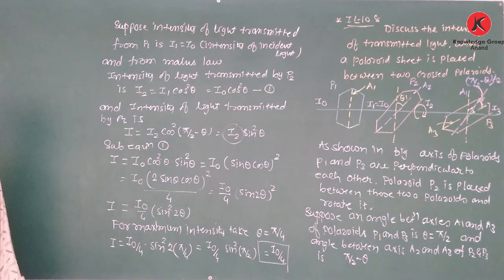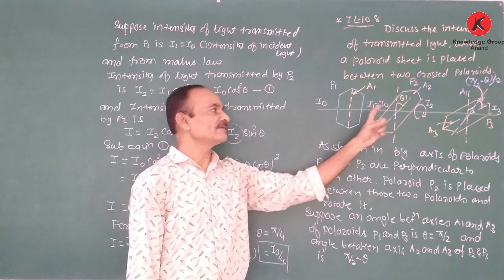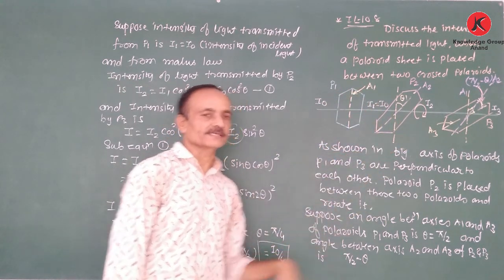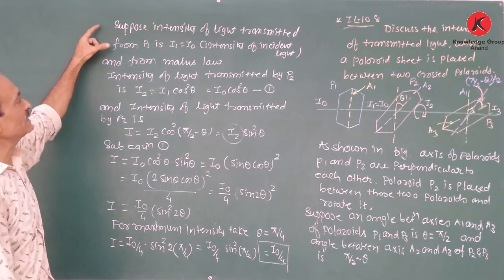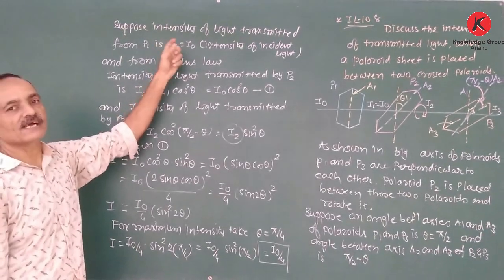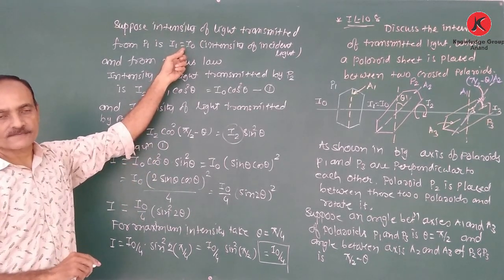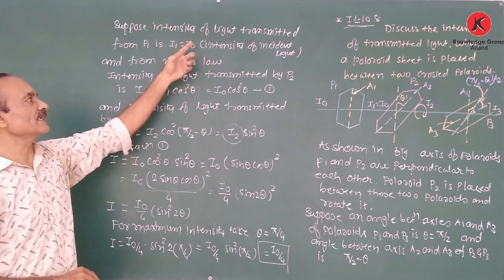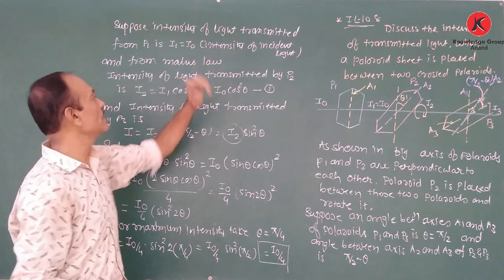Here again, first we mention the angle between the axes of P1, P2 and P2, P3. After that, the intensity of light transmitted by P1 is I1 equal to I0, because P1 is not rotating. Whatever the intensity of the light, the same is transmitted by P1, and I0 is the intensity of incident light.